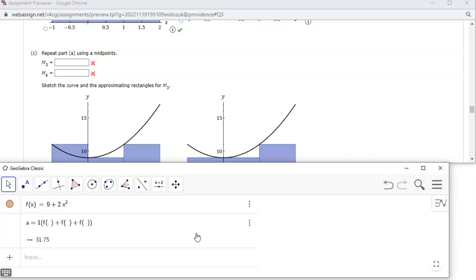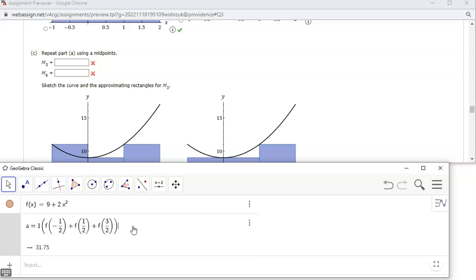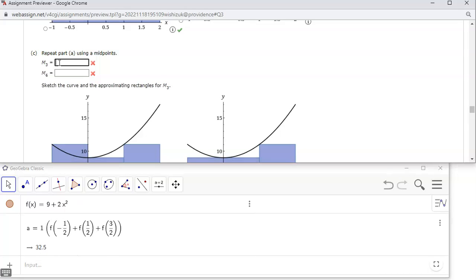For the first interval, from -1 to 0, the midpoint is -1/2. From 0 to 1, the midpoint would be 1/2. And for the last one, between 1 and 2, the midpoint would be 3/2. So we just pick the midpoint of each interval and hit enter. We get 32.5.